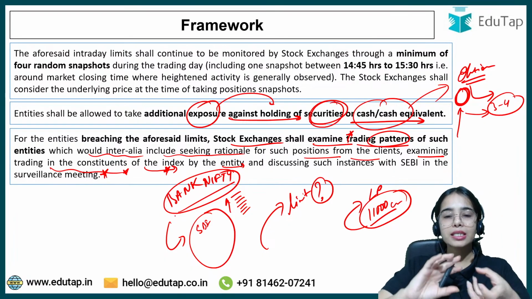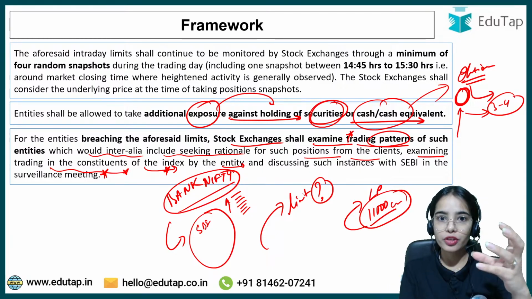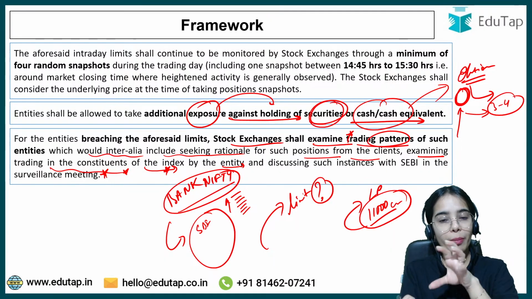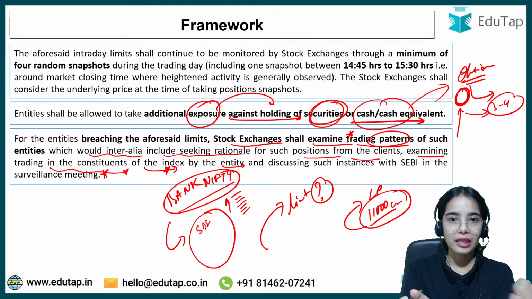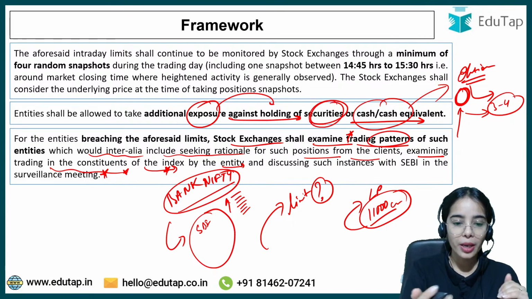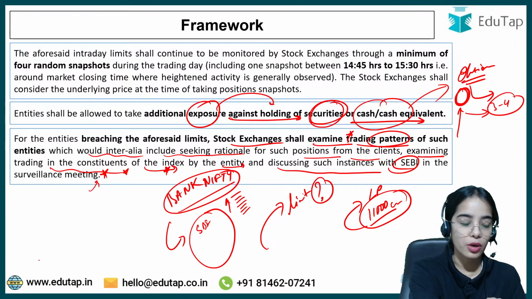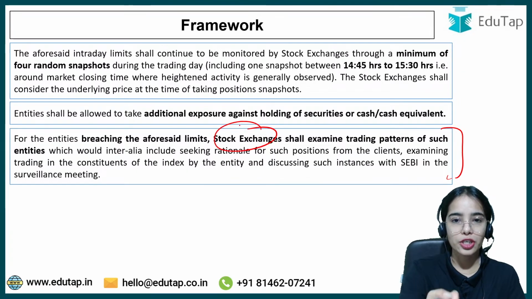That means some manipulation is happening. If the entity is taking huge positions in Bank Nifty as well as in the banking companies, that means there might be manipulation going on behind closed doors. And discussing such instances with SEBI: the stock exchanges will discuss this with SEBI in the surveillance meeting also. So this is the idea, that if a breach happens, these are the steps the stock exchanges will be taking.